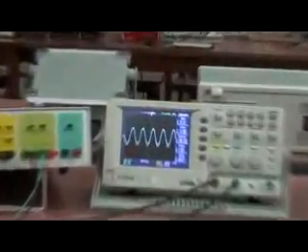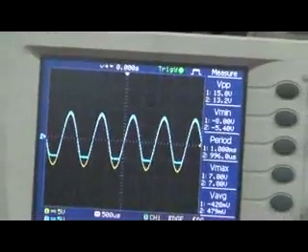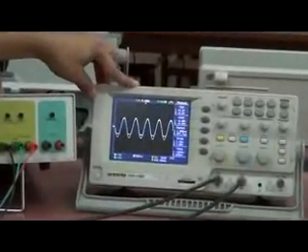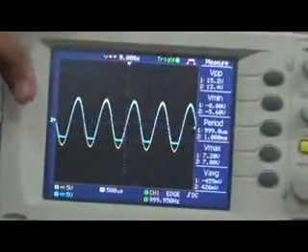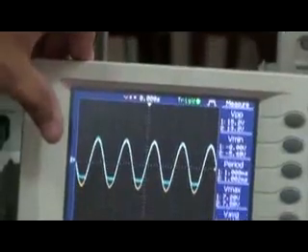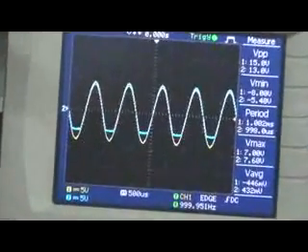Now we can see the waveform. The negative part of the output signal is only clipped, as can be seen on this DSO. The yellow one is again the input and the blue one is the output. So we can see the clipping only for the negative part.